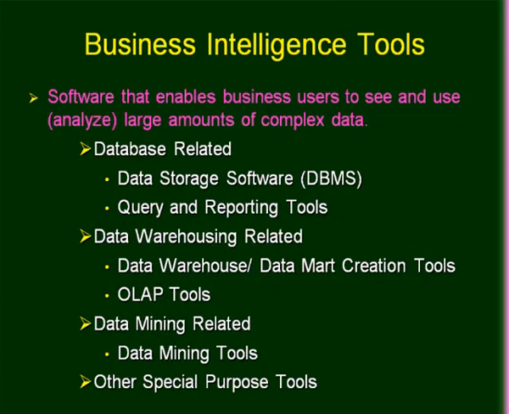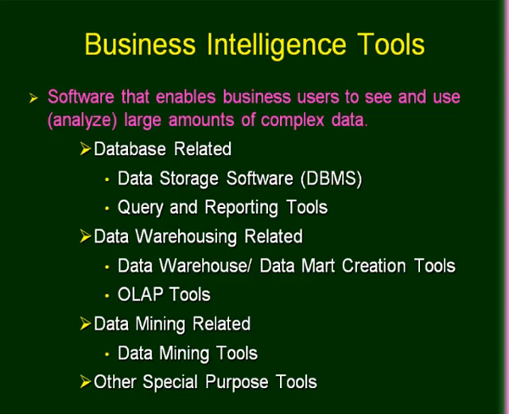From the tools point of view, business intelligence software enables business users to see and use large amounts of complex data. Tools are categorized into different parts. Some tools are required in each category. The first category of tools is database related software tools: DBMS, query tools, reporting tools.